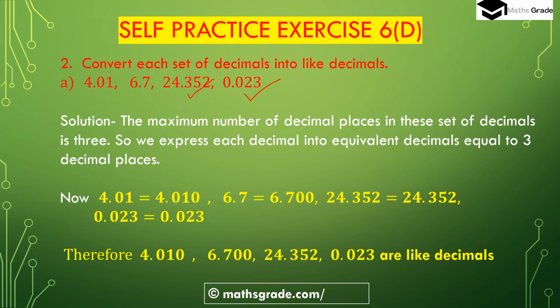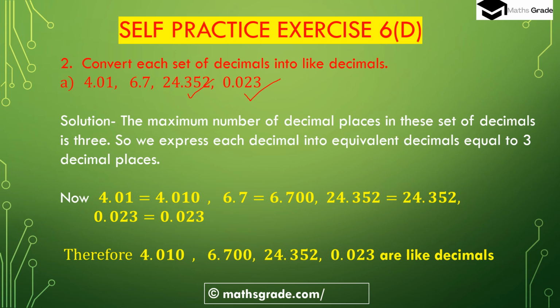So first, 4.01. The first decimal is 4.01, and we have to convert this decimal into 3 places. After the decimal point 3 digits will be there. Here in 4.01 only 2 digits are there, so we have to add 0 after the decimal point: 4.010.